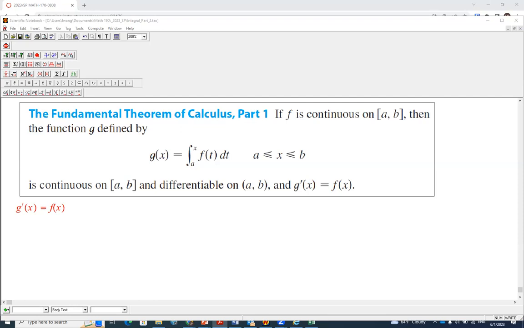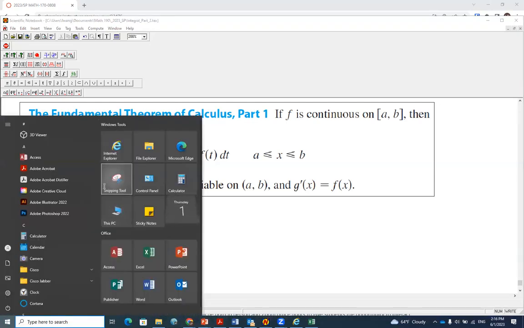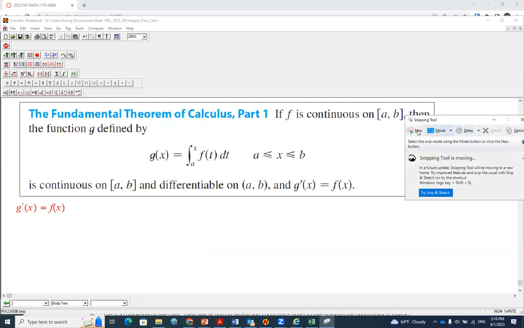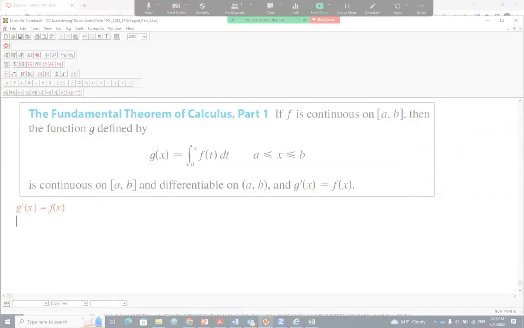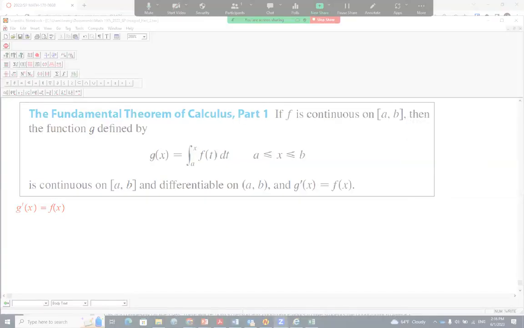It's on page 350, if you use version number 8. Okay, so I found it. I'm going to copy and screenshot this definition and show it in front of you, the definition of antiderivative.